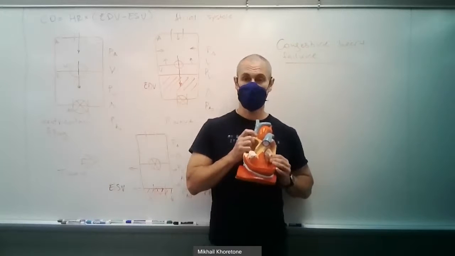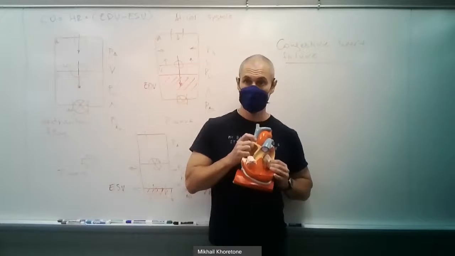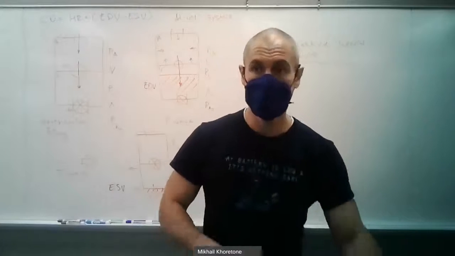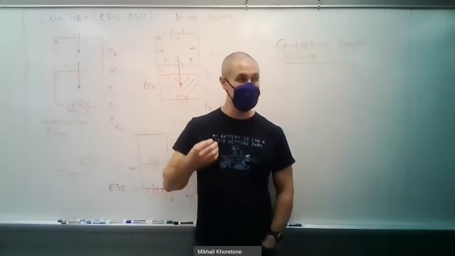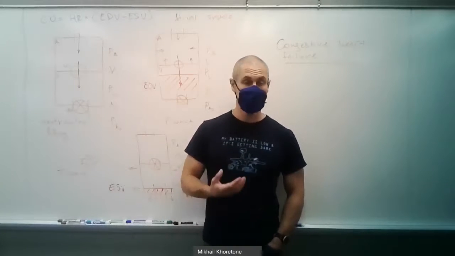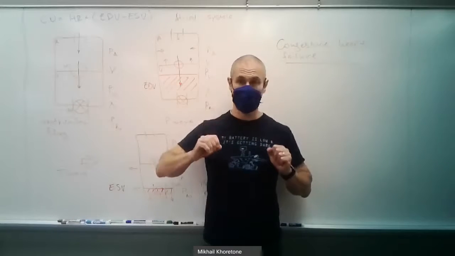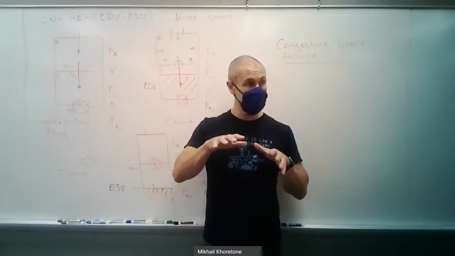It cannot pump as efficiently as it used to. Are you following? So the flow of blood through the systemic circuit becomes lower than the flow through the pulmonary circuit. But remember, the volumes in a healthy person are exactly the same.